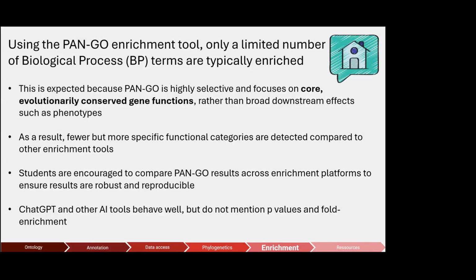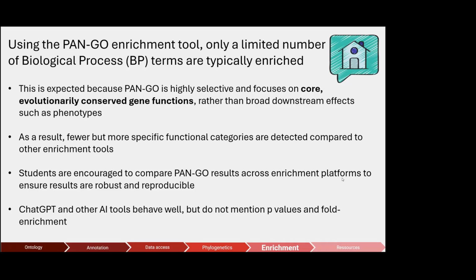So, the take-home message for this one, which I'm just repeating from what I already told you: first of all, it's important to choose which enrichment platform you want. For example, with PANGO, we use only the core function, rather than broad-spectrum effects such as phenotype. As a result, you have fewer but more specific categories in your enrichment.